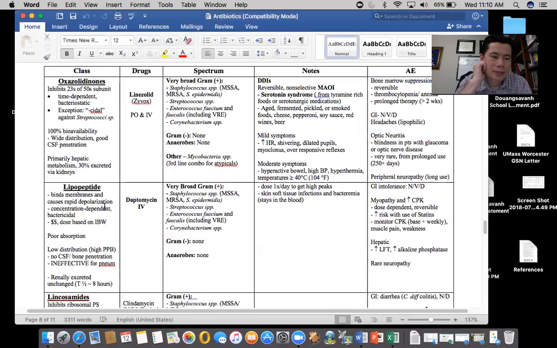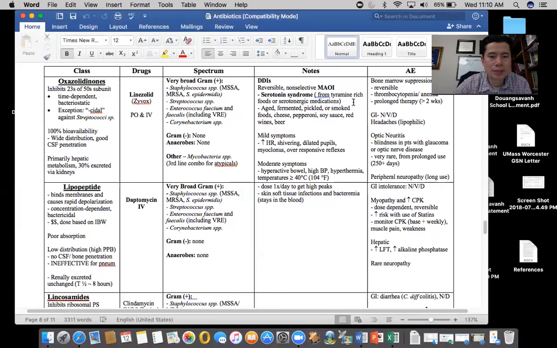Basically, it's bactericidal against Streptococcus species. It's very broad against gram-positive species for this kind of medication. It has a wide range and can actually penetrate CSF. So just be aware of that. It's a reversible non-selective MAO inhibitor, so there is a risk of serotonin syndrome from tyramine.